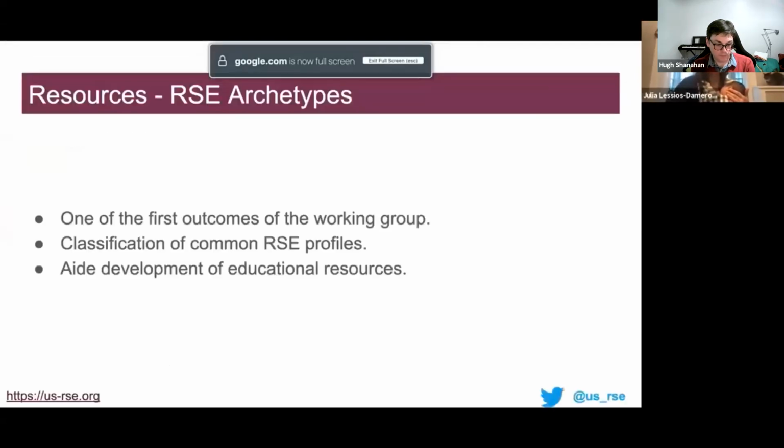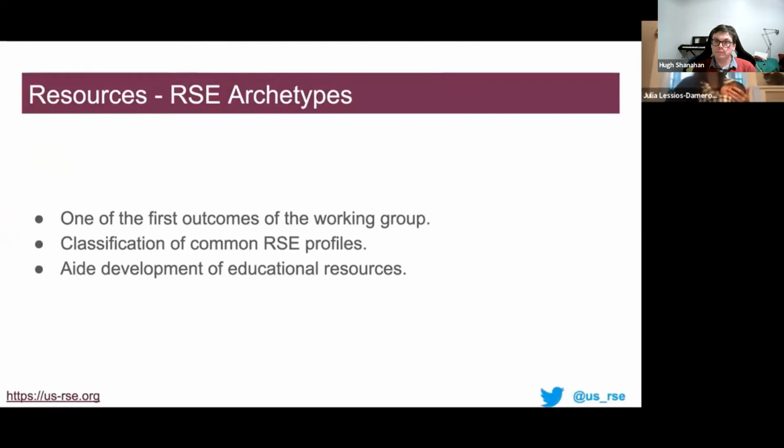The next thing we did, or actually the first outcome of the working group, was a classification of common RSE profiles, which we developed to aid the development of educational resources to be able to target specific types of RSEs.